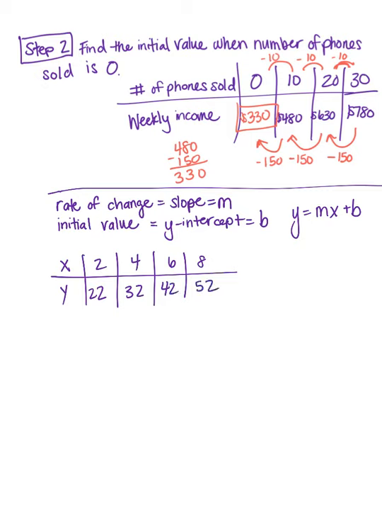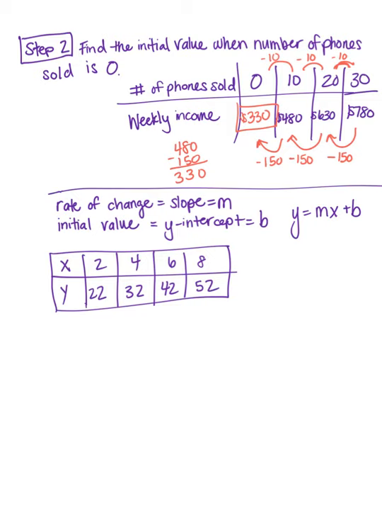So it's really easy in this chart to see the patterns that they are constant, right? Because these on the bottom, the y ones, increase by 10, and the top increases by 2. So we need to figure out what our slope is and what our y-intercept is.